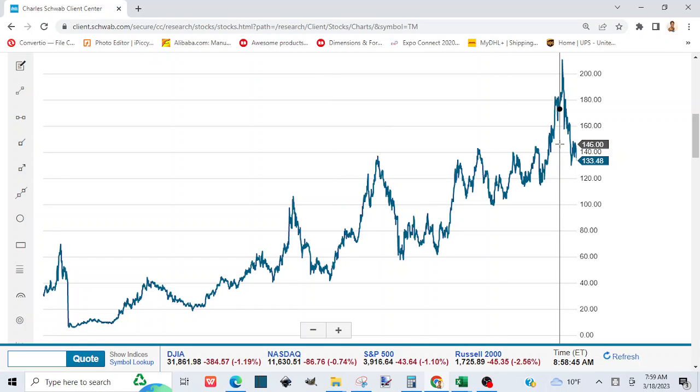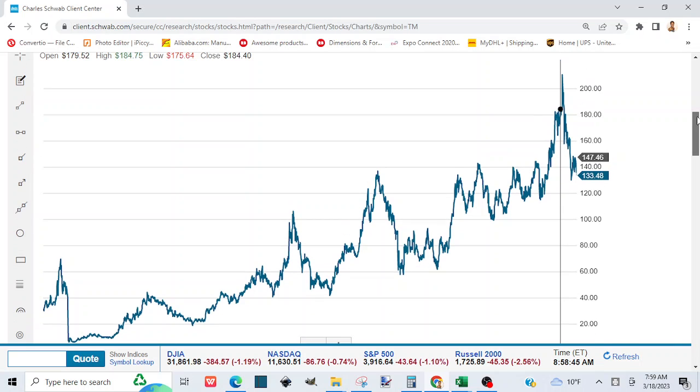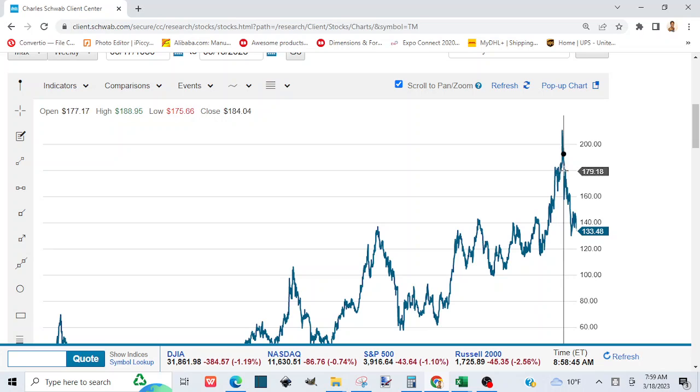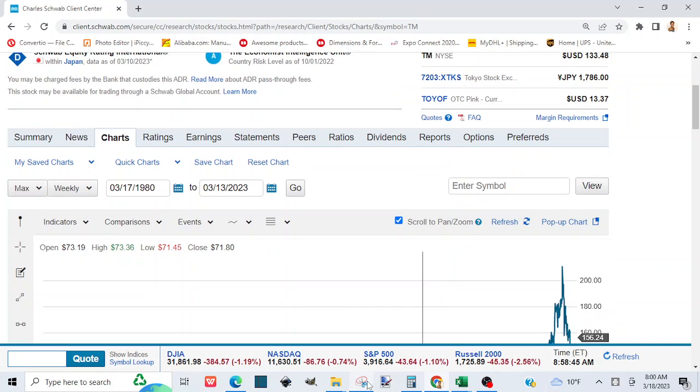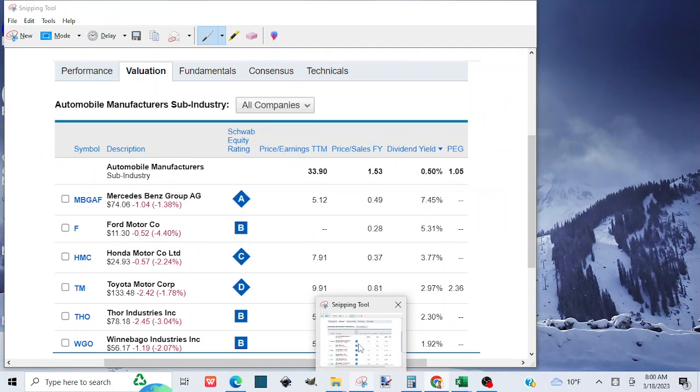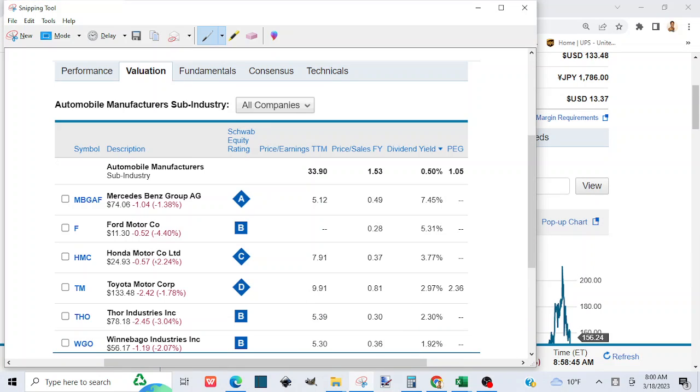And not just that, within 52 weeks, it showed the low and it showed the high. You can see it was high and coming down. But that's that. So let's see, I think that's the last one in this group that we selected.